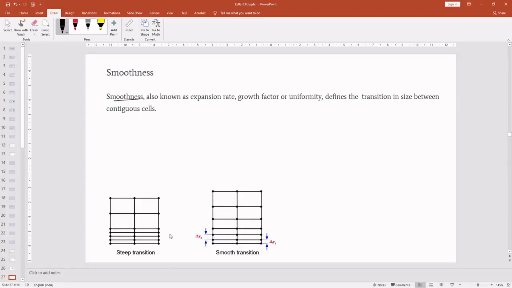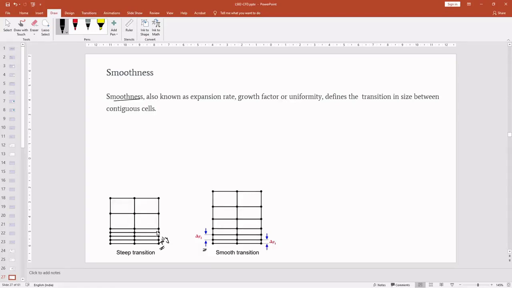Here I have shown two things. The first one is a steep transition, the second one is a smooth transition. Here, if you see, the heights for the first four layers are almost similar. If I call it delta y, then delta y for one particular cell is the same for all four layers.